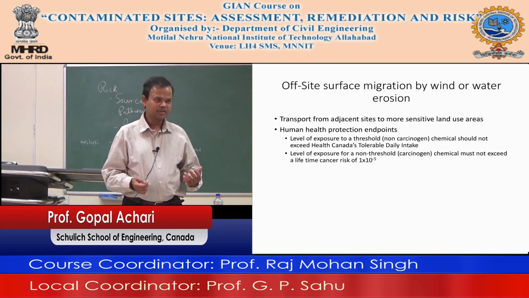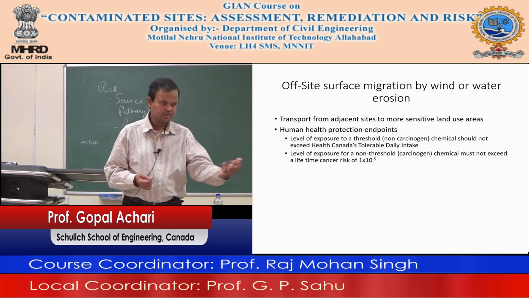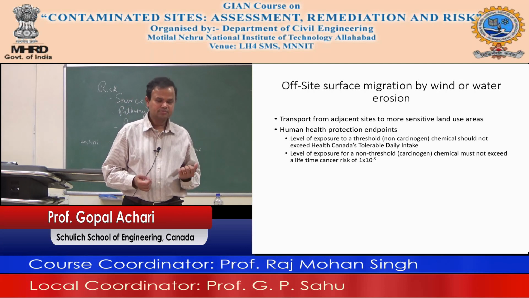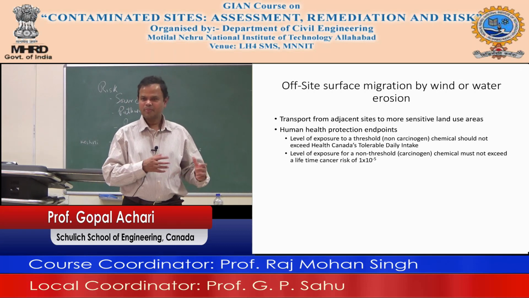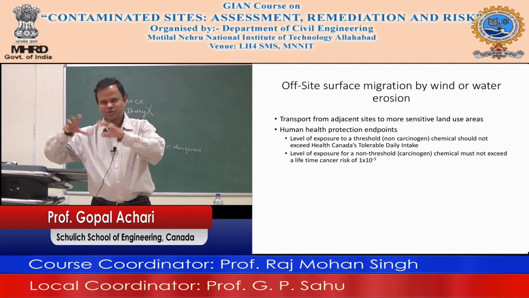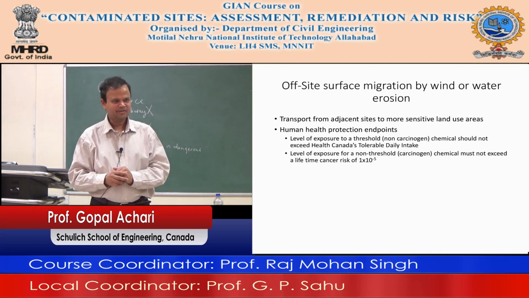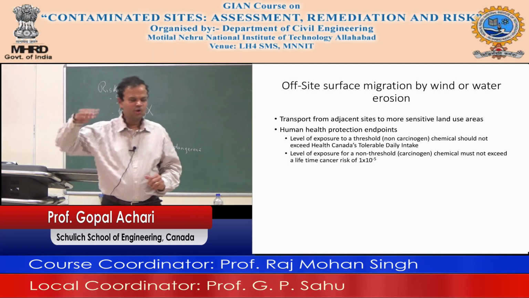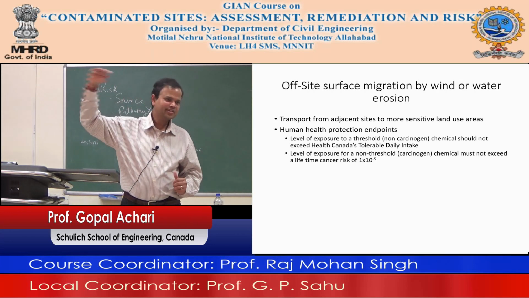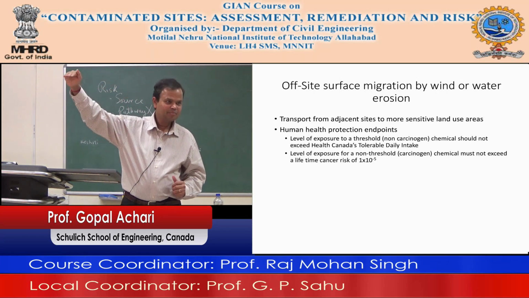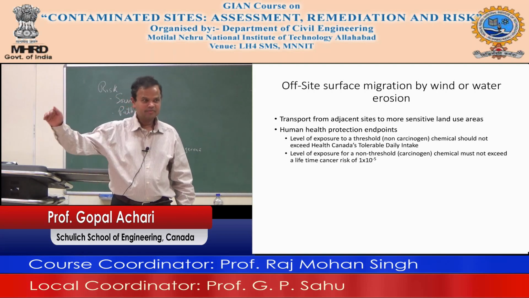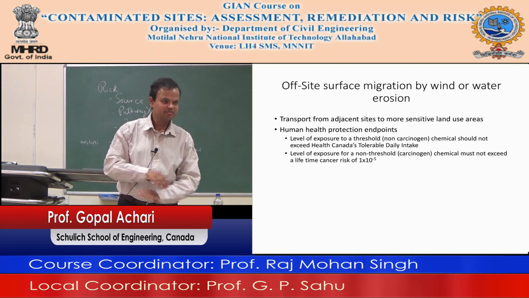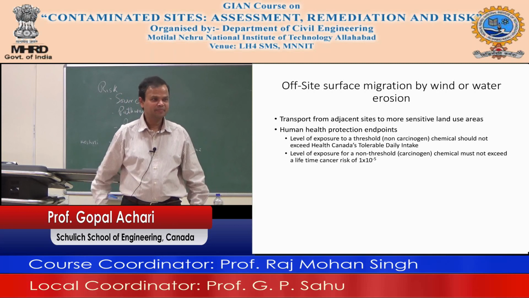Intraspecies variation, for example, us as a population, there are sensitive subpopulations within us, right? So all that, you take it and put it together, what is known as an uncertainty factor. Remember, the LOAEL or the NOAEL that they are talking about is here, a very high number, because it probably developed tumors in rats or whatever, whereas you want a number that doesn't affect anybody at any time.